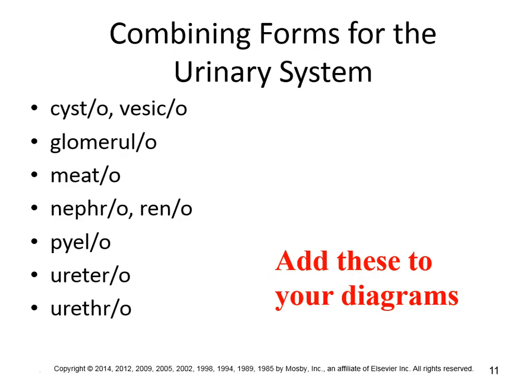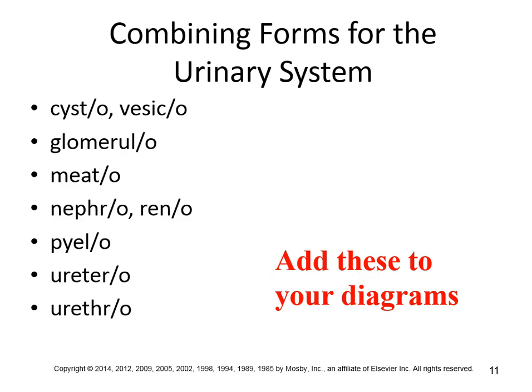Glomerulo is for glomerulus. That's one of the functional portions of the nephron. Meato is for the meatus, so that's a general term that could apply to many body systems, but in this case we're going to talk about the urinary meatus. Nephro and reno both generally mean kidney. So for example, whenever you hear renal failure, that would be kidney related.